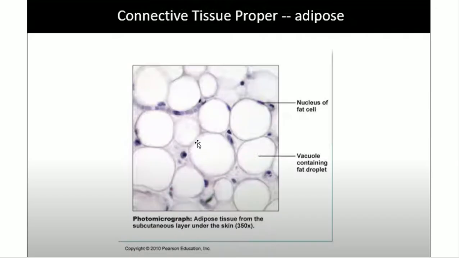You can see the nucleus is on the edge of each of these cells. This cell is mostly a vacuole, so almost the entire fat cell is a vacuole. Remember, vacuoles are our storage sacs. Well, makes sense: fat tissue, storage sacs. Again, nucleus right there on the edge.